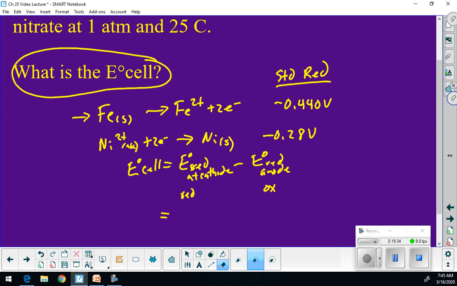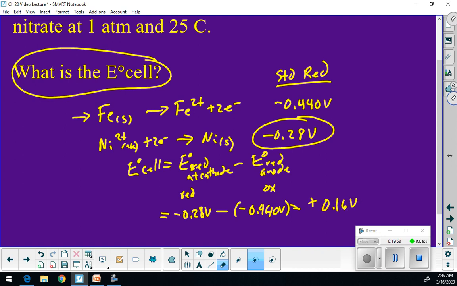Good, so which is which? Since this is a galvanic cell, it's pretty easy. The one with the higher standard reduction potential is going to happen at the cathode. So I have a negative 0.28 volts minus my negative 0.440 volts, and that is what? A positive 0.16 volts.